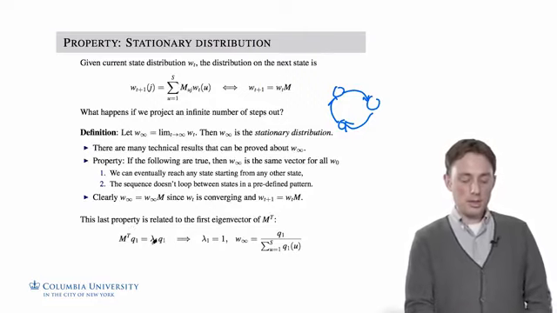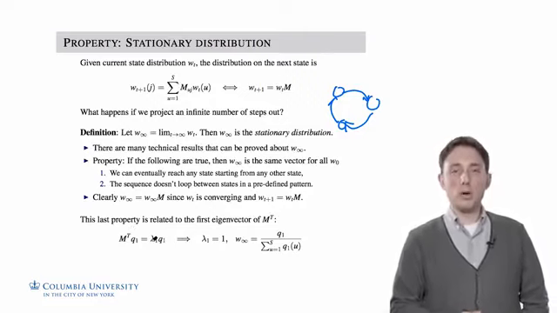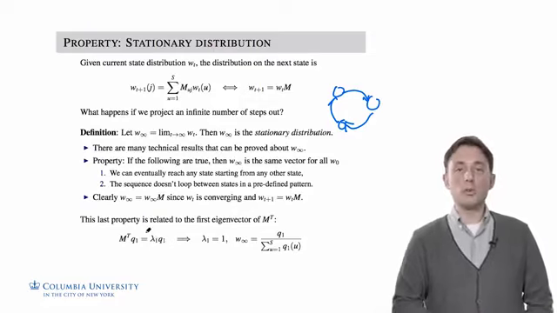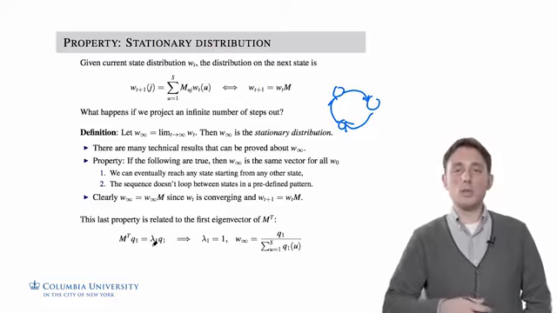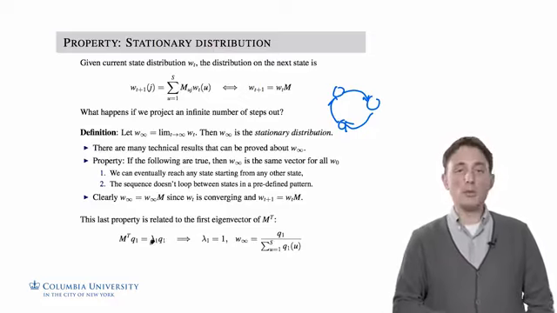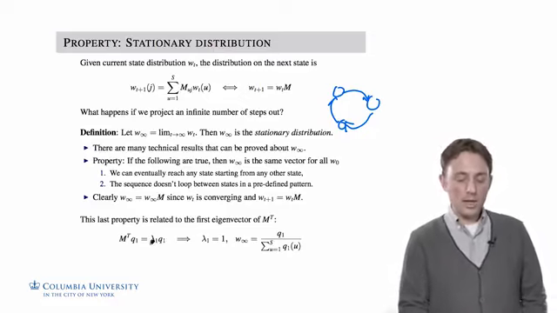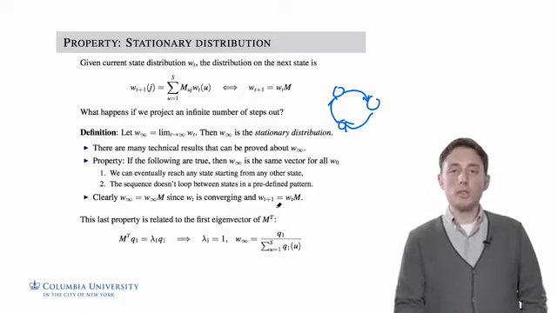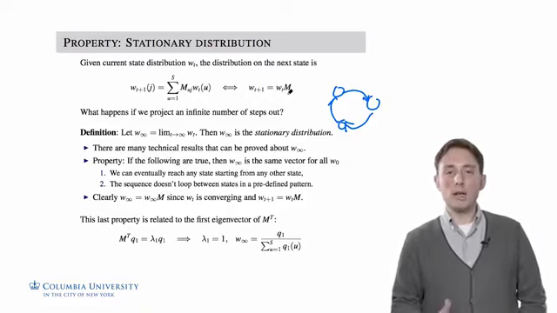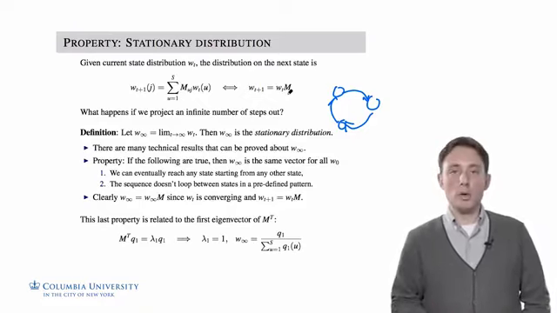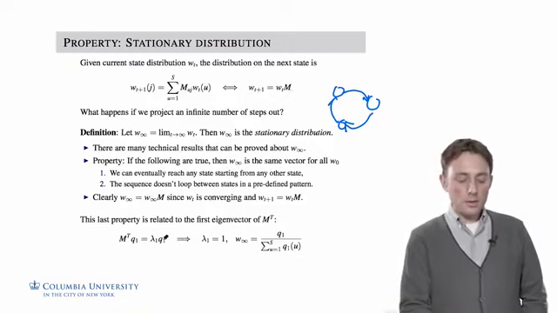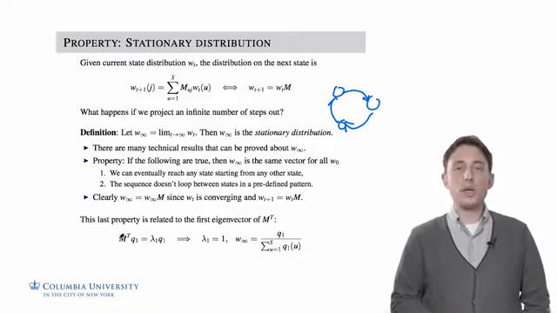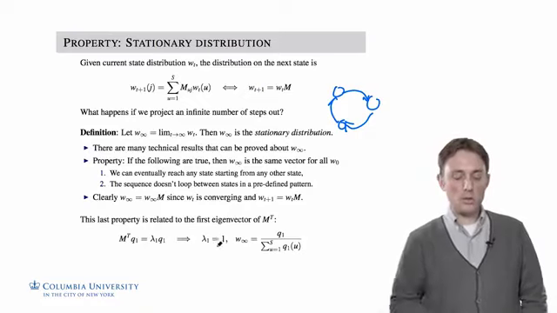The first one corresponds to the maximum value for lambda 1. In general there would be many of these pairs, but the first one is the one corresponding to the maximum value of lambda. It can be shown that if we have a Markov transition matrix M such that all the values are non-negative and all the rows sum to 1, then the first eigenvalue of the transpose of that matrix is equal to 1.